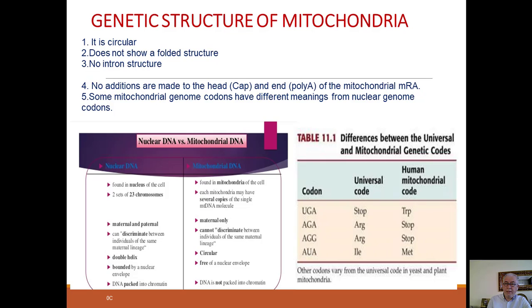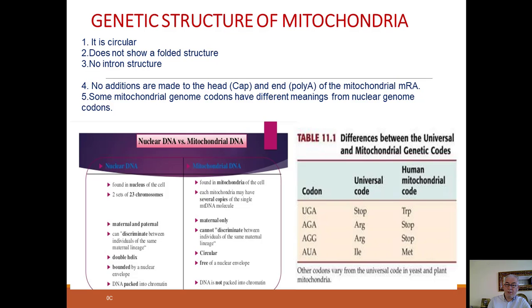But when we look at mitochondrial DNA, we see that this is not true. UGA in the universal code is a stop codon, but in mitochondria it codes for tryptophan.